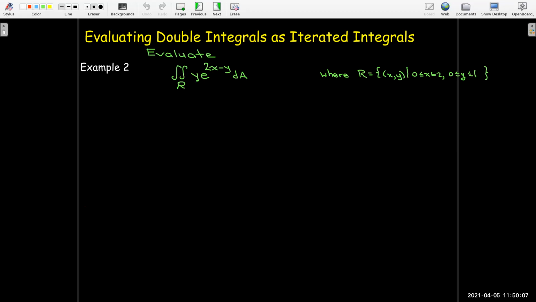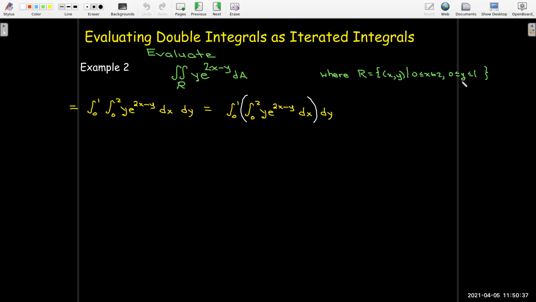Let's do another example. Here I have y times e to the power of 2x minus y as my integrand. And my region goes again, x goes from 0 to 2, and y goes from 0 to 1. So let's see if I can evaluate the inner integral.